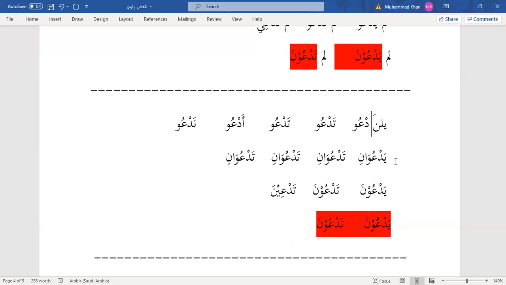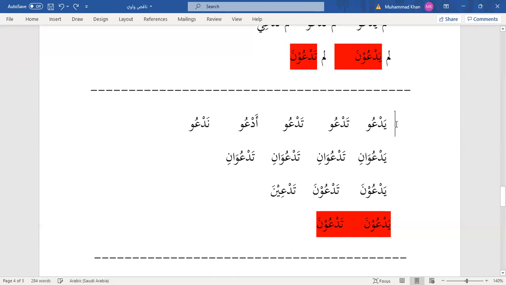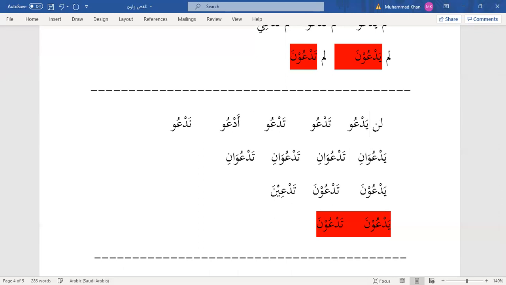Lan, an, and lam at-ta'lil. What do they do, by the way? They make the verb mansub, so it will be yad'uwa. The ending becomes mansub, meaning it gets a fatha.